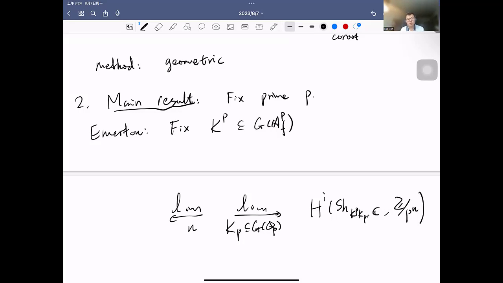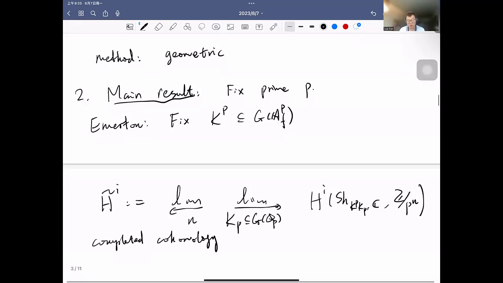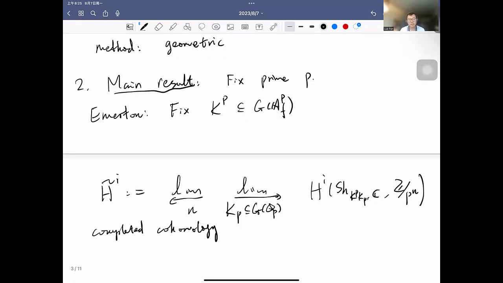In some sense, you interchange the process of taking these two limits, and as a result, what you get, let me denote it by H tilde i, is called Emerton's completed cohomology, or p-adically completed cohomology. It's much larger than the usual cohomology of Shimura varieties. In some sense, it comes from an interpolation of the cohomology of Shimura varieties at finite level.